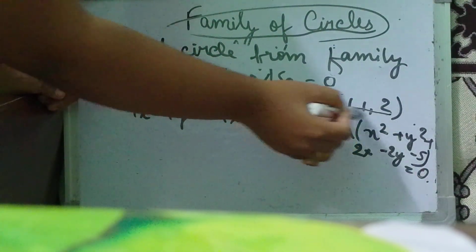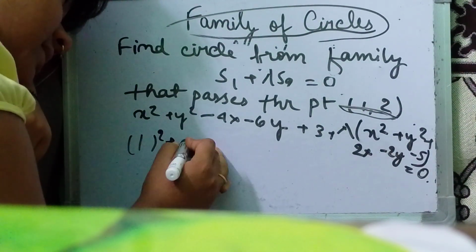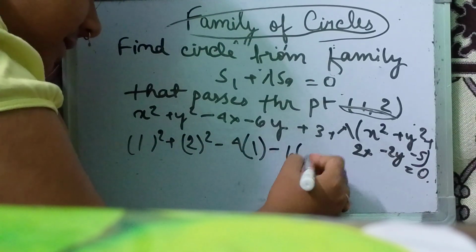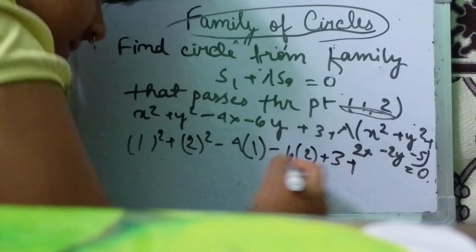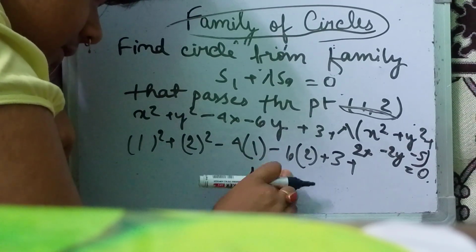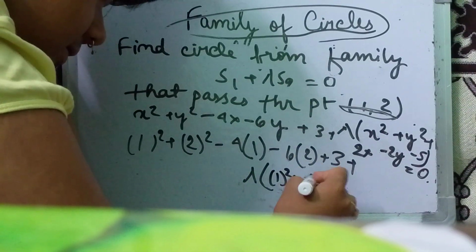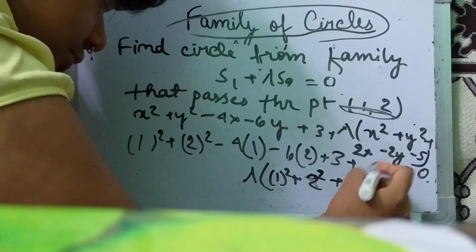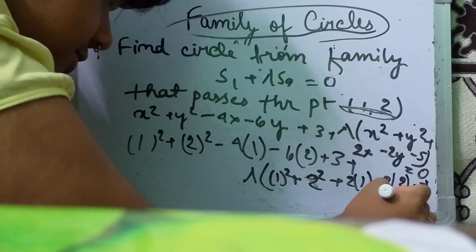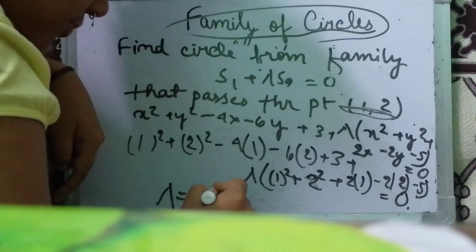So we need to put this value here. 1 square plus 2 square minus 4 into 1 minus 6 into 2 plus 3 plus lambda times 1 square plus 2 square plus 2 into 1 minus 2 into 2 minus 5 equals 0. So from here lambda will come out to be minus 4.